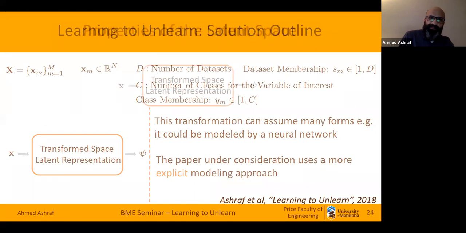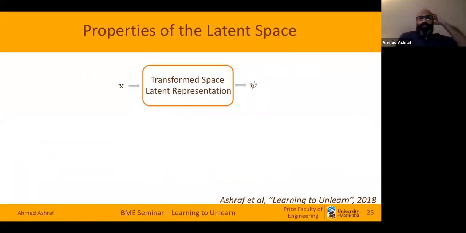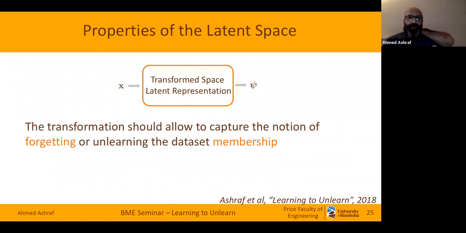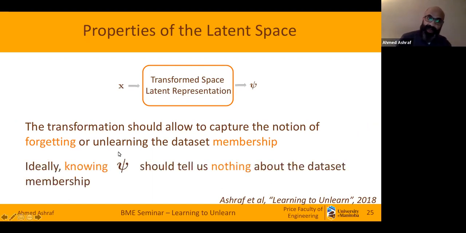So let's spend a few minutes on what it is that we are looking for. What are the desired properties of the latent space? Of course, we want to have the notion of unlearning or forgetting the dataset membership.